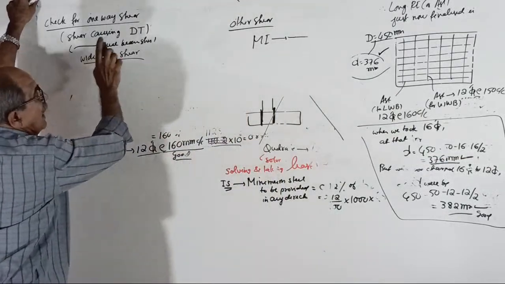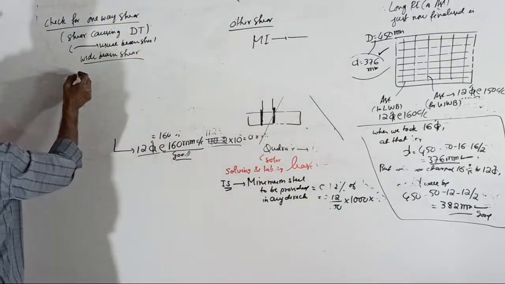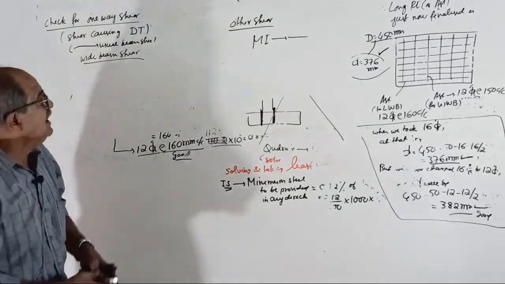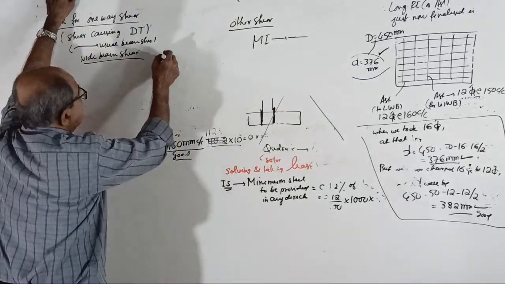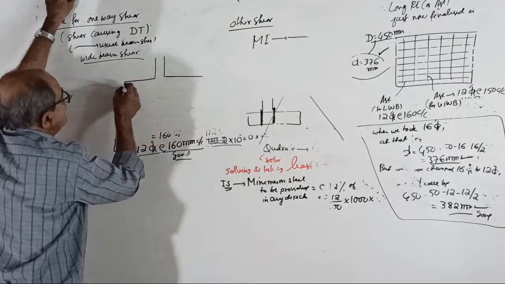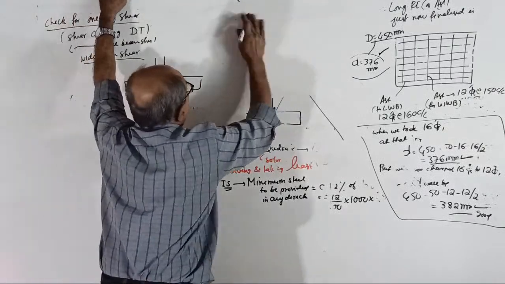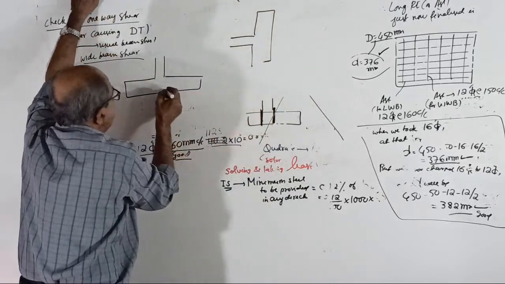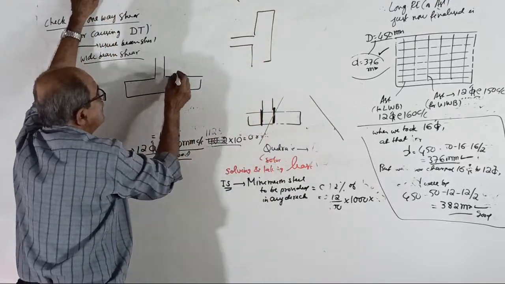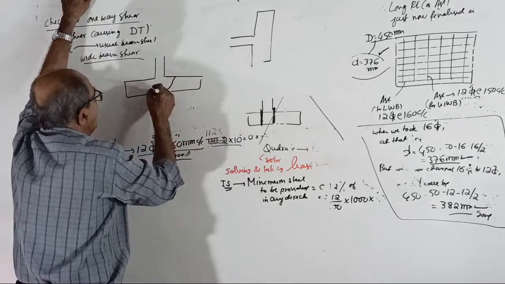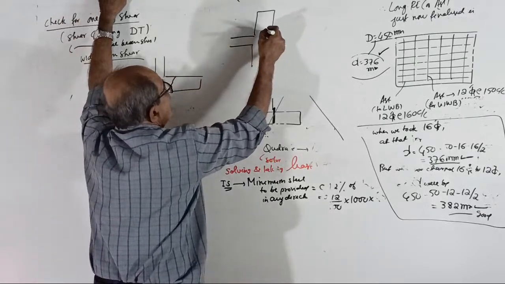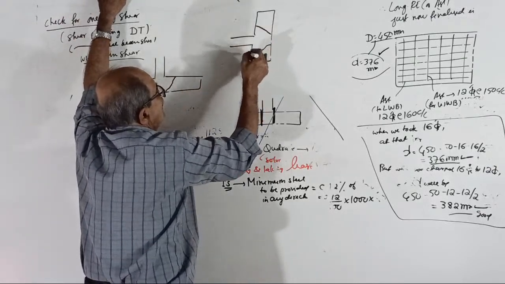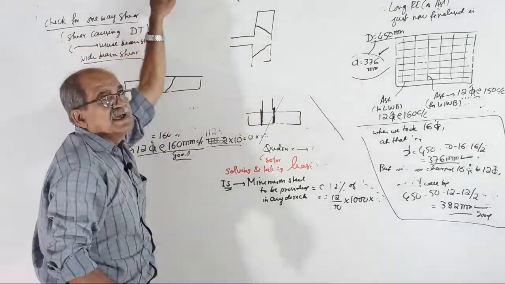Now, most important, only once I will tell. If you draw a sketch for either lengthwise bending or widthwise bending, see, the shear crack will run like this. What is the angle for the shear crack?